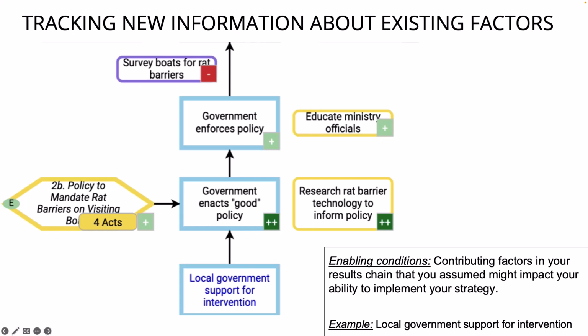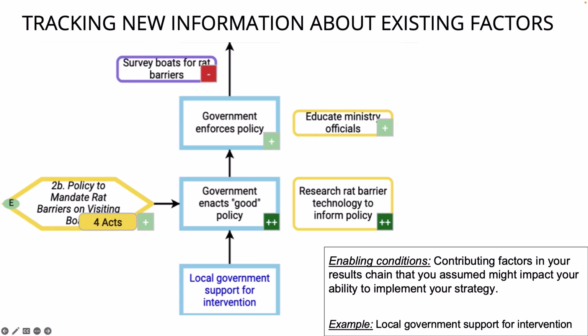The new local government officials are not supportive of your strategy, which may impact your ability to implement the strategy. Thus, this contributing factor shown in blue, local government support for intervention, should be modified in your situation model and associated results chain as now a limiting factor, an indirect threat, or possibly an area of uncertainty rather than an enabling factor or an opportunity.